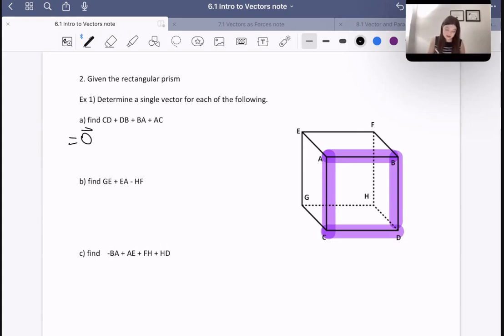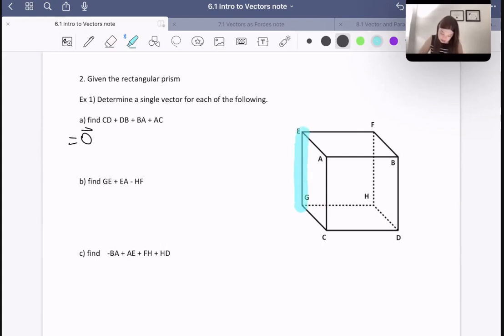All right, what about this next one here? How about the next one here? We have GE. So let's see, GE is like that. What about EA? It's like that. What about minus HF? Well, HF is up, so FH would be down.